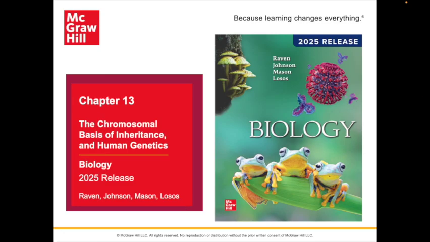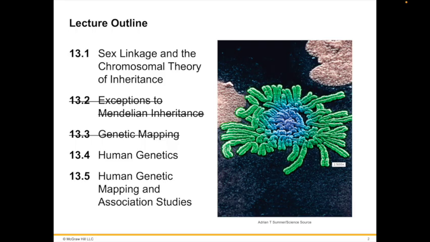We're now in Chapter 13, The Chromosomal Basis of Inheritance and Human Genetics. Mendel's experiments opened the door to understanding inheritance, but many questions remained. In the early part of the 20th century, we did not know the nature of the factors whose behavior Mendel had described.